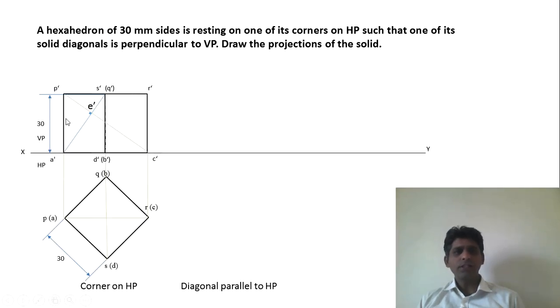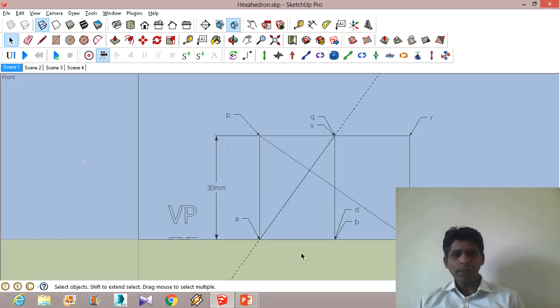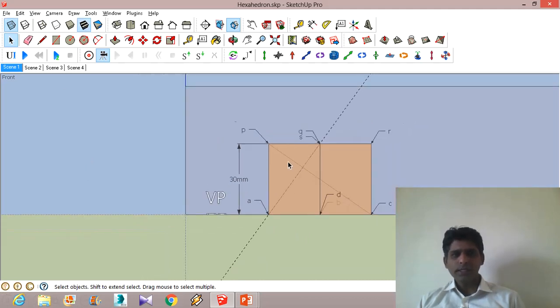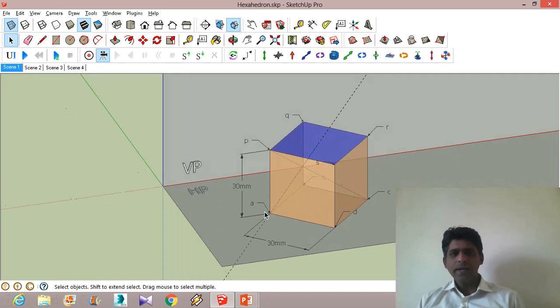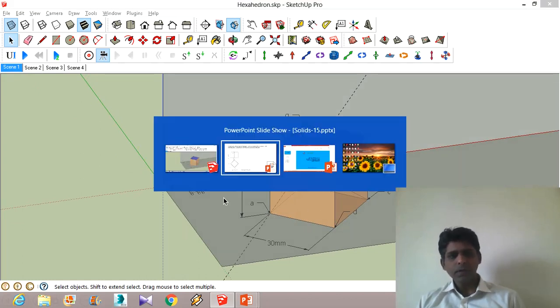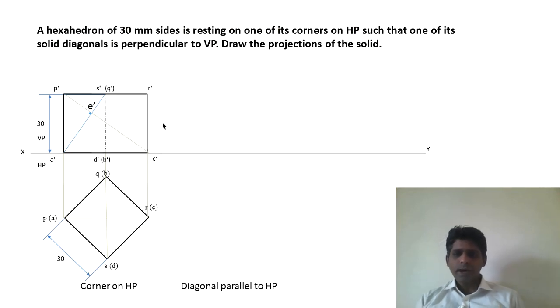Now we have to reconstruct this. To reconstruct this, we will consider a point. I'm going to rest it on point A dash. That means I'm going to rotate it anti-clockwise like this. So we can mark a point A dash.